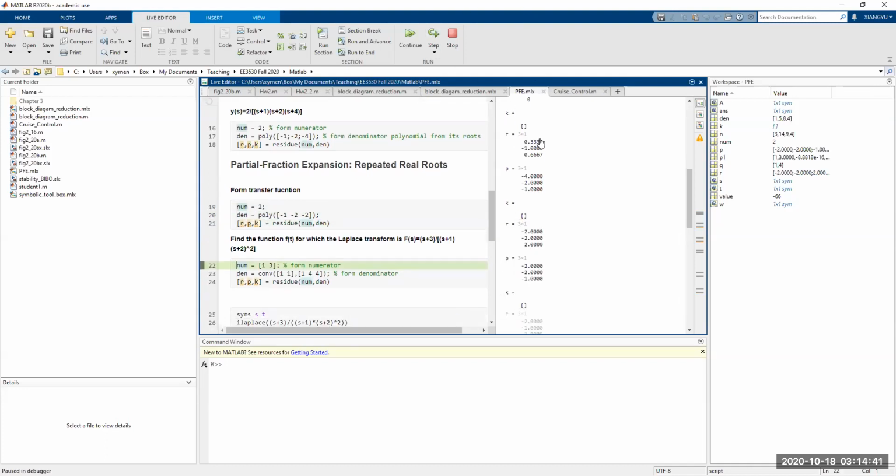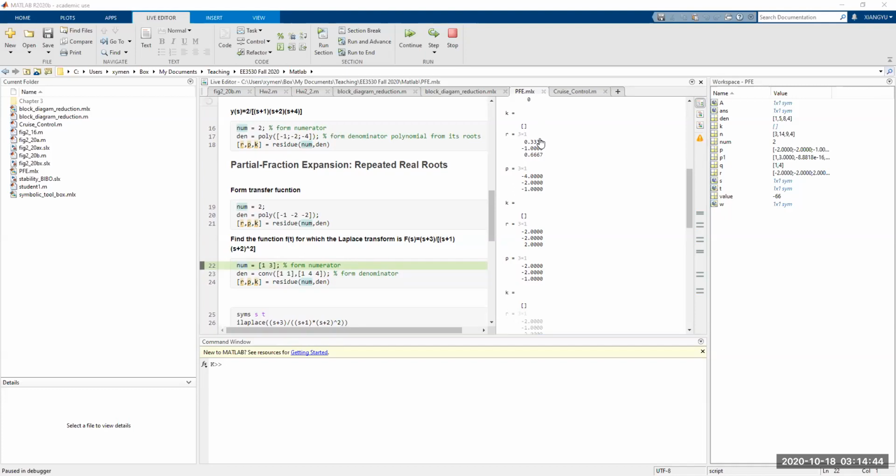Then how to interpret this? Let me show you. For the repeated root -2, one of them is s plus 2, then the other one will be (s plus 2) squared.